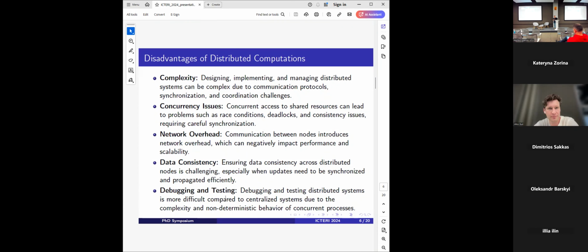Because debugging and testing a distributed system is non-deterministic. It's more difficult compared to centralized systems due to the complexity and non-deterministic behavior of concurrent processes.